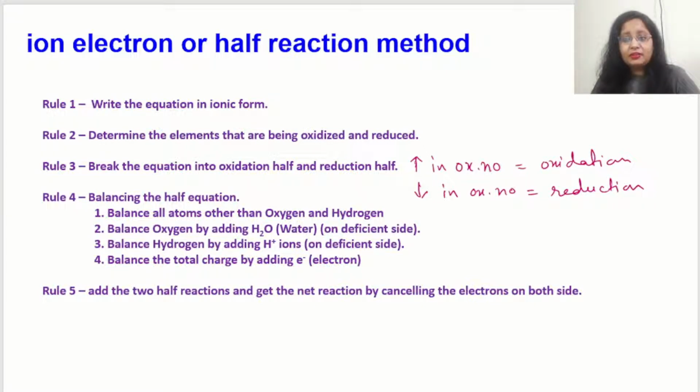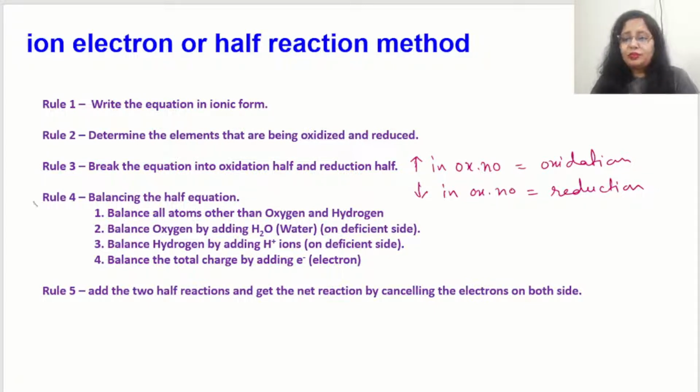After that, the next point is break the equation into the oxidation half and the reduction half. When we understand the elements which are oxidizing and reducing, then we will break the reaction into two halves and write them. After that, balancing will start.